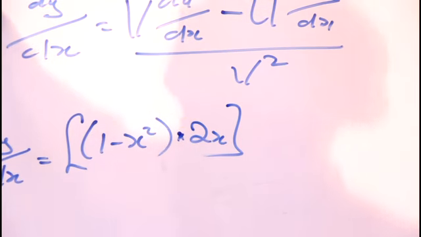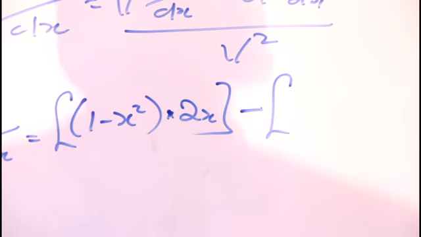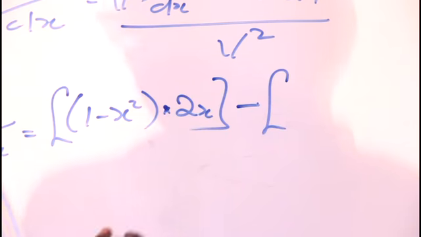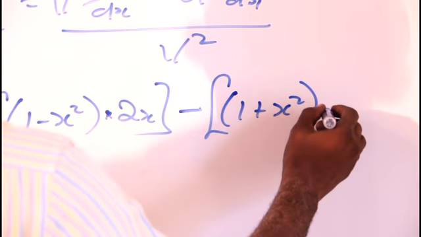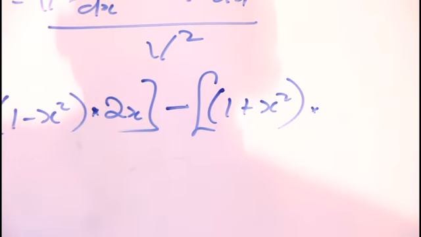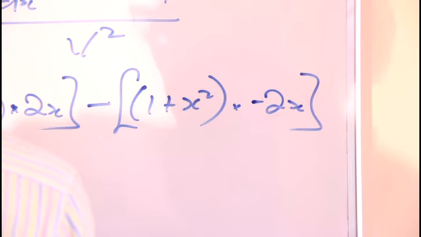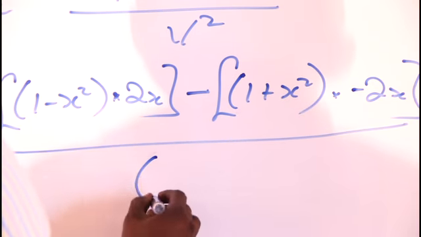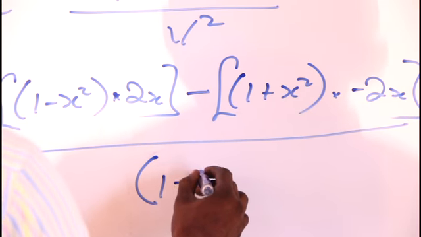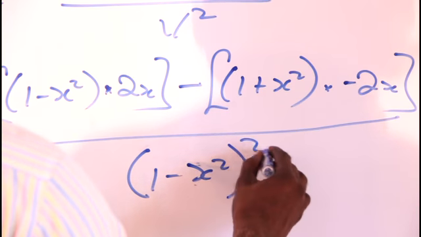So I will close it, have my minus, then what is my u? My u is 1 plus x squared, then times dv over dx, which is minus 2x, all over v squared. Look at this, 1 minus x squared all squared.